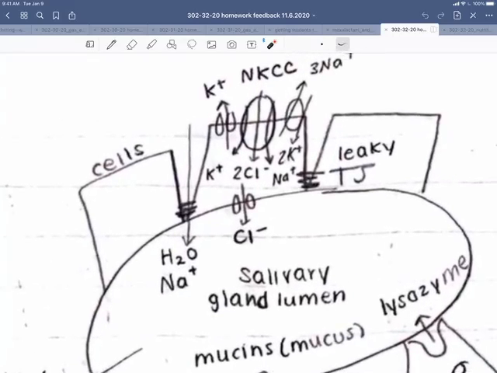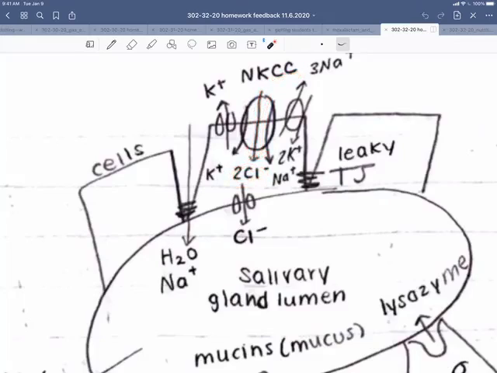Then to produce the fluid component, we have cells in the epithelial layer, and the NKCC transporter moves one sodium, one potassium, that's the N and the K, and two chlorides, that's the CC.